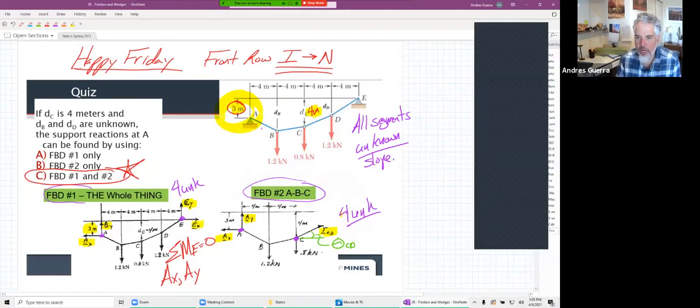So then we move on to our second FBD, FBD number 2 over here. Where could we sum moments about in FBD number 2 and come up with another equation that only has AX and AY?